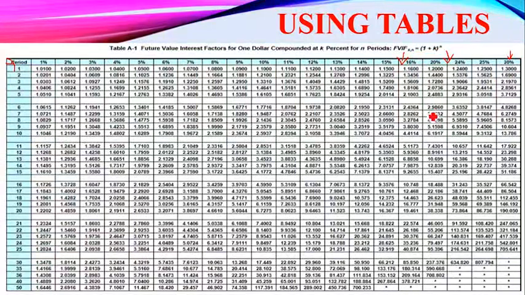Will you be able to calculate? Now, it is good to know how to use the tables. I know the tables might look simpler because you only get the values and multiply out. But also, try to know how to use the formula, because at times, some of the percentages you may be given might not be in this table. So it's good to understand how to use both methods.